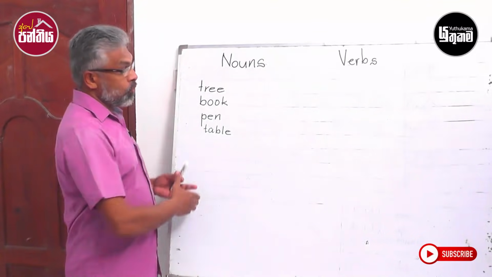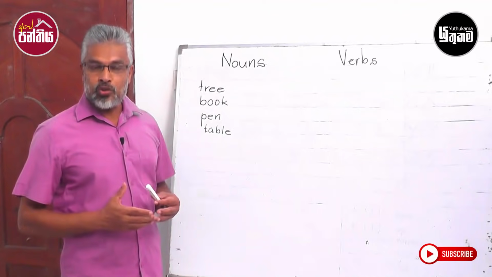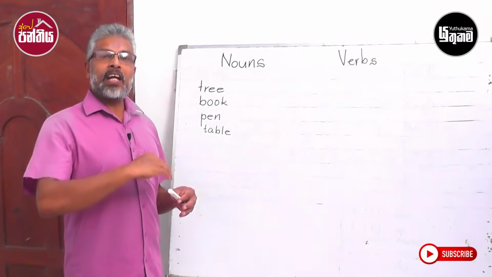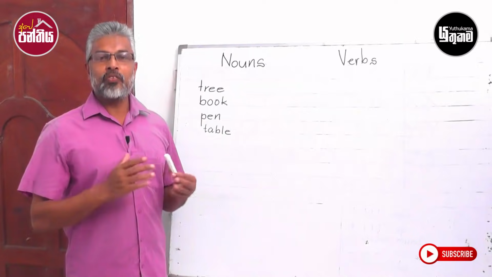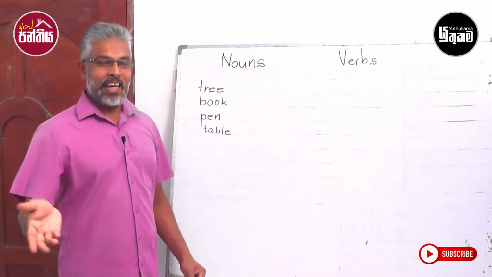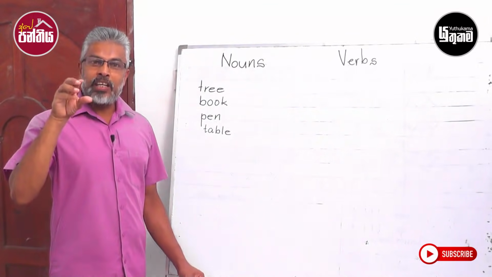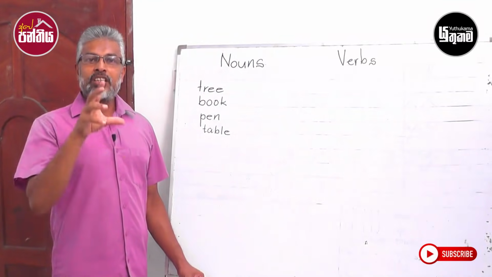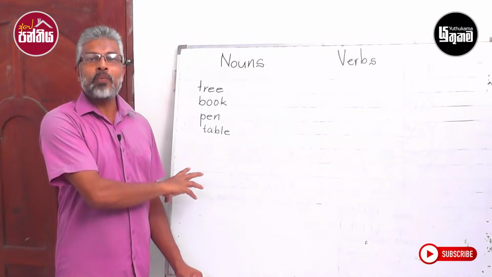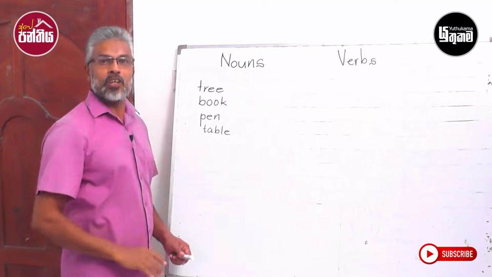So these are all nouns. You know what nouns are, and there are different types of nouns which we will learn later, but in my introduction I will just focus on these simple nouns and simple verbs.